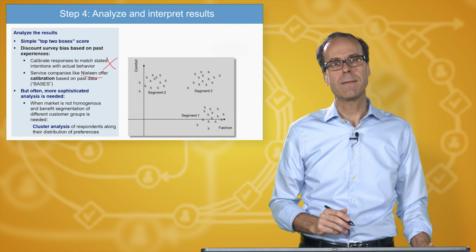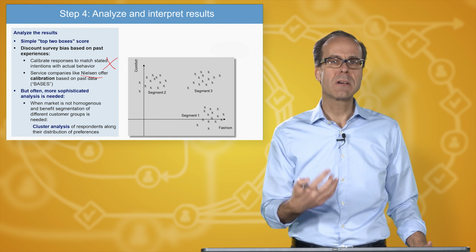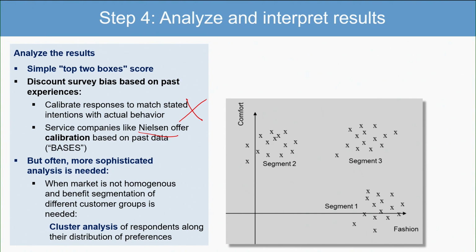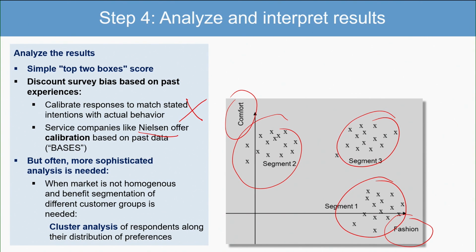Often what you also do at this point, you find out that not all customers are the same. And especially if you use a little bit more elaborate method, you may find that for our scooters, there are people that are really driven by comfort, and others are driven by fashion, by the coolness factor, by the style of the scooter. And so if you get a picture like this, you have some segments of customers that really balance comfort versus fashion, like here, and others, for whom it's equally important, and others are just driven by fashion.